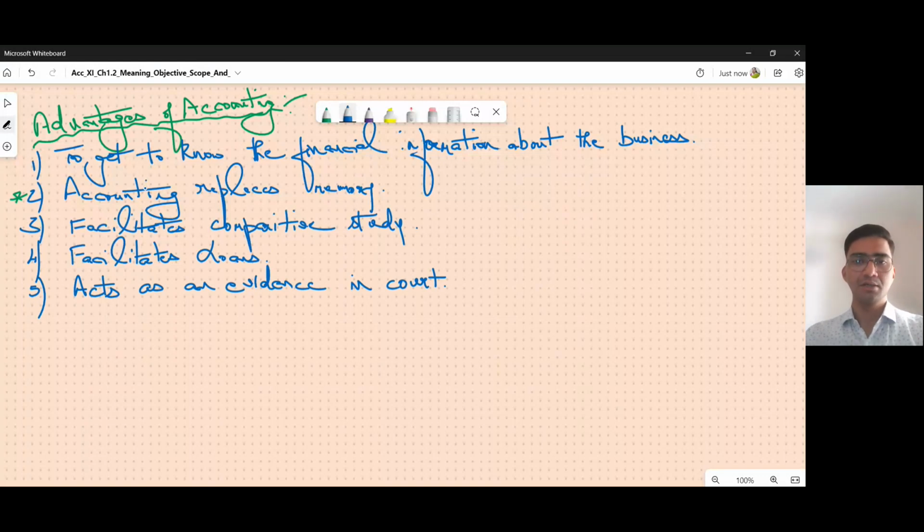And suppose a simple transaction, I give you an example, maybe you purchase raw materials. When you purchase raw materials, you have spent 10,000 rupees and you want to show the proof that you have spent 10,000 rupees for this purpose of purchasing raw materials. There are some ways in which you can prove this. One way is to show your books of accounts that this is what I've done in my business.